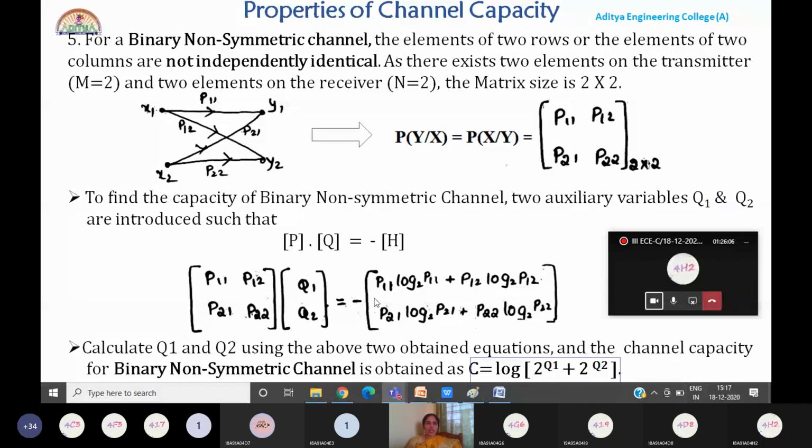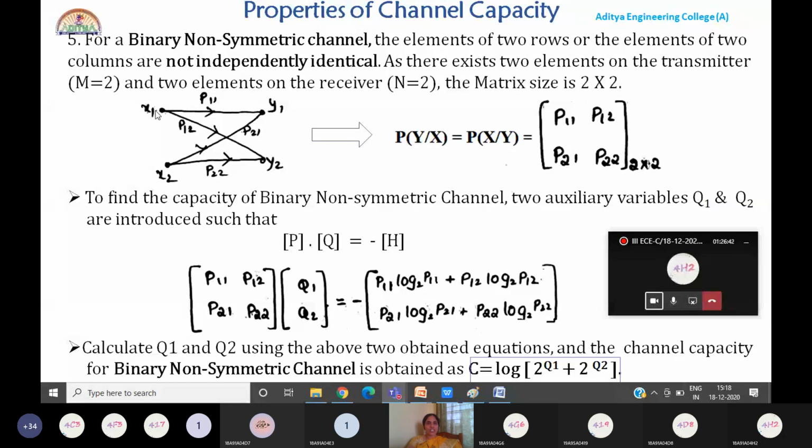So it is equal to minus of P11 log P11 base 2 plus P12 log P12 base 2. This is the H of X, the entropy of the transmitter. Then P21 log P21 base 2 plus P22 log P22 base 2. This is the entropy of the second row. This is the entropy of the first row x1, and this is the entropy of the second row, x2.